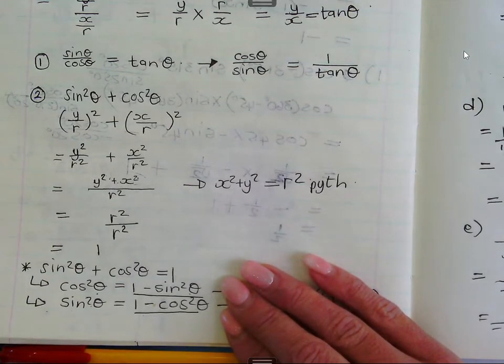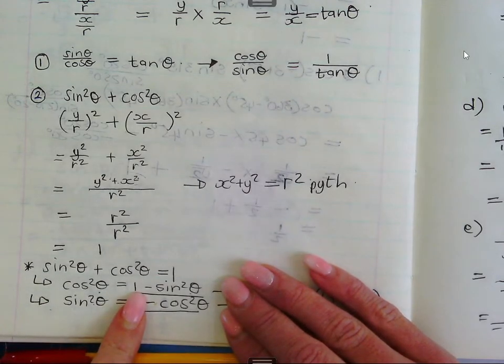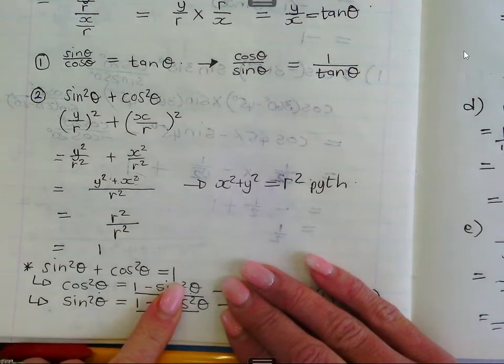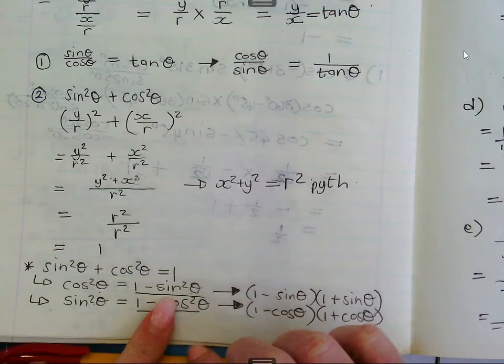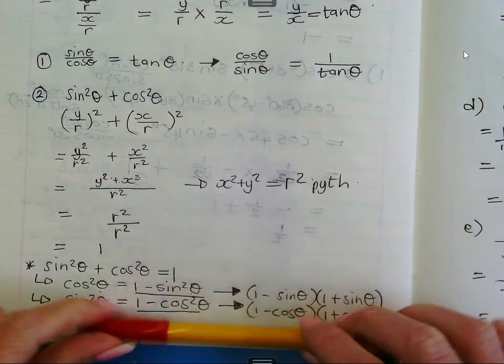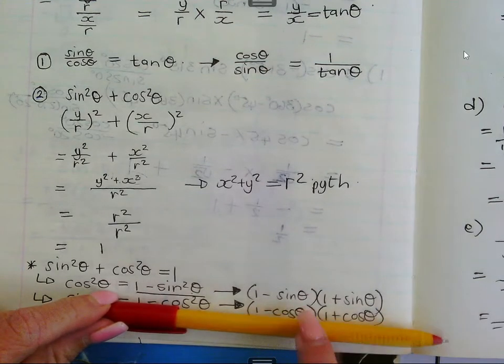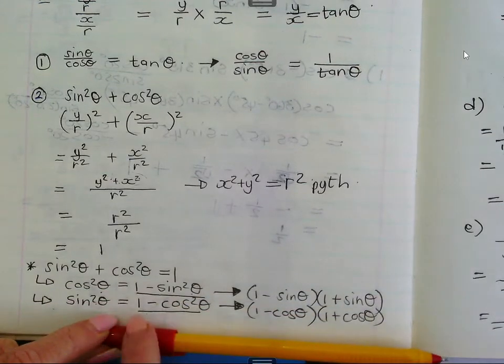Now, if you look at this, do you see that 1 is a perfect square, minus sin squared, which is a perfect square? So this is the difference of two squares. Just take note that this can also be written as 1 minus sin theta, 1 plus sin theta. And the same for the cos one: the difference of two squares, 1 minus cos theta, 1 plus cos theta.